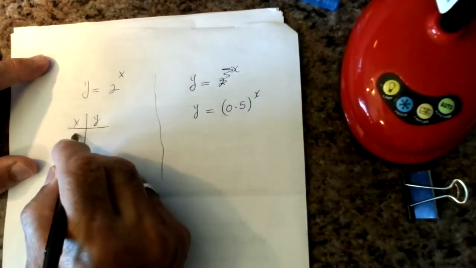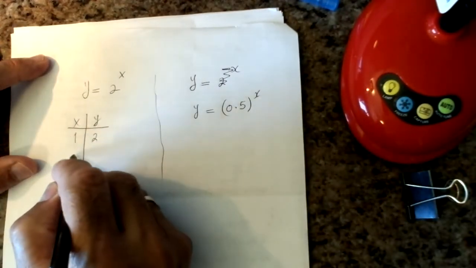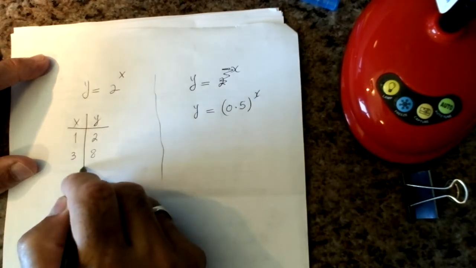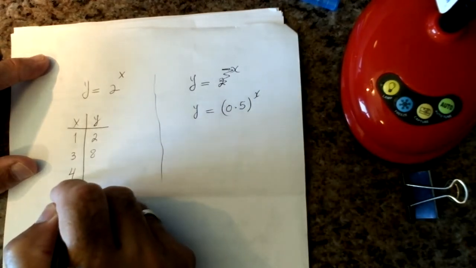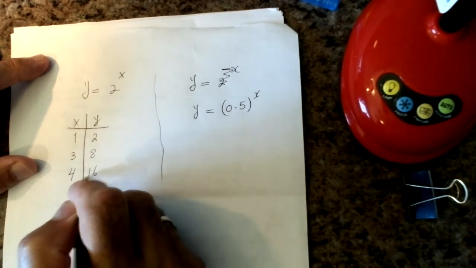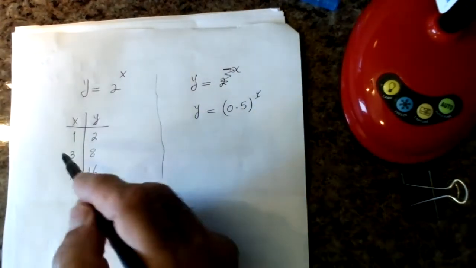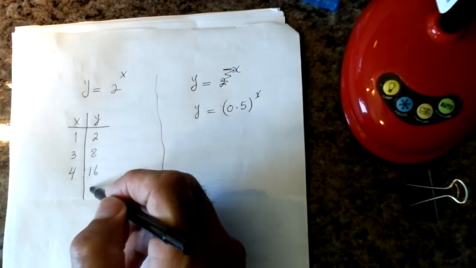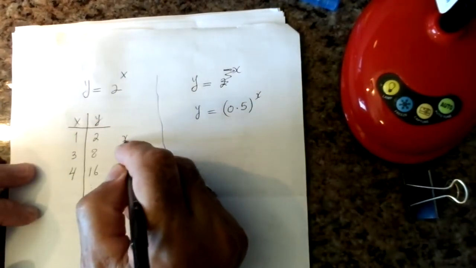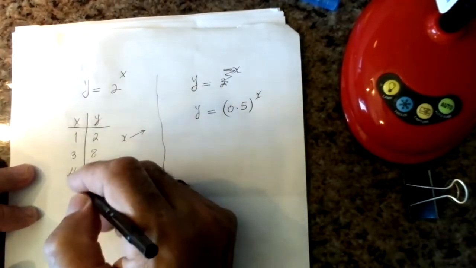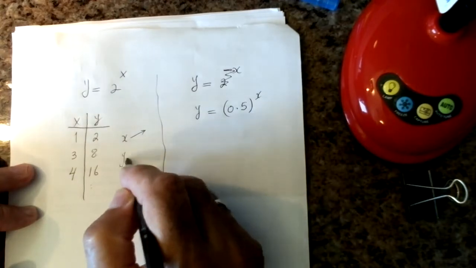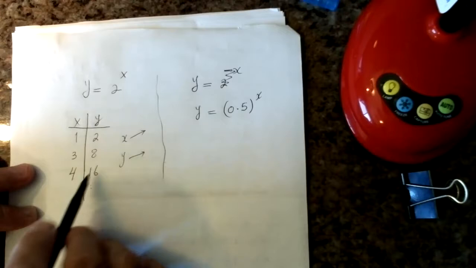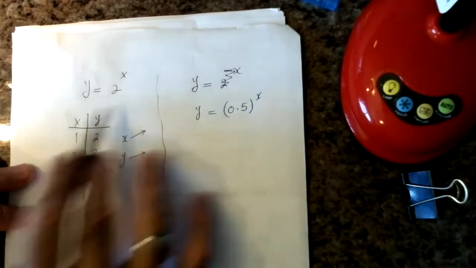In this one, when x is 1, y is 2. When x is 3, y is 8. When x is 4, y is 16. See, when x increases, so does y. You keep giving a higher number to x, and y also increases, okay?